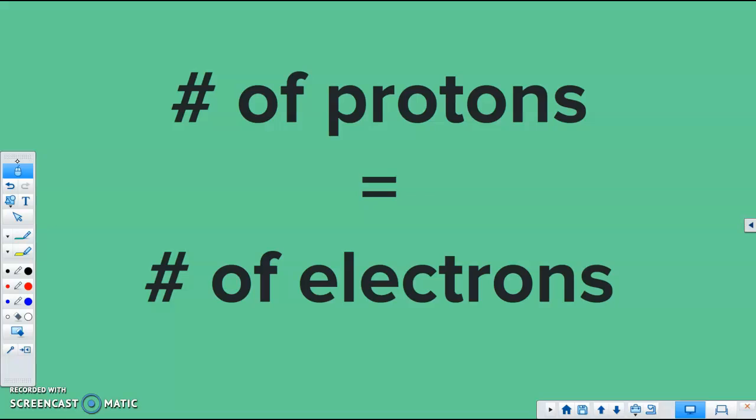If those are out of balance, then we would have an imbalance of charges. Remember that protons are positive, electrons are negative, those are opposites. We want those opposites to balance each other out. Now there does exist what we call ions, which are charged atoms, but we're not going to worry about those for now. We're going to pretend that every single atom that we encounter has a balance of positives and negatives.